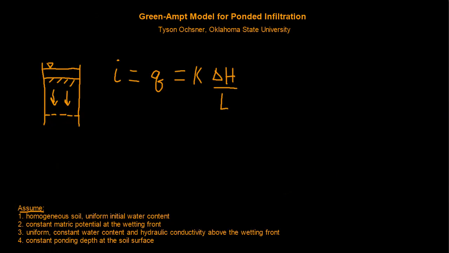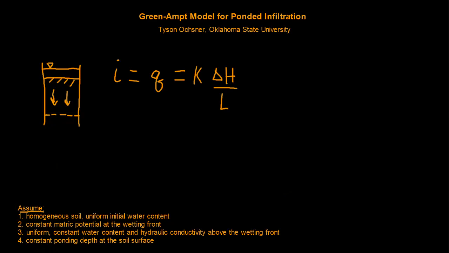Okay, so the challenge here in applying the Buckingham-Darcy law is really to figure out what this delta H is. We don't know this right off the bat, so we'll need to walk through a process to make sure that we are getting the correct value for delta H.